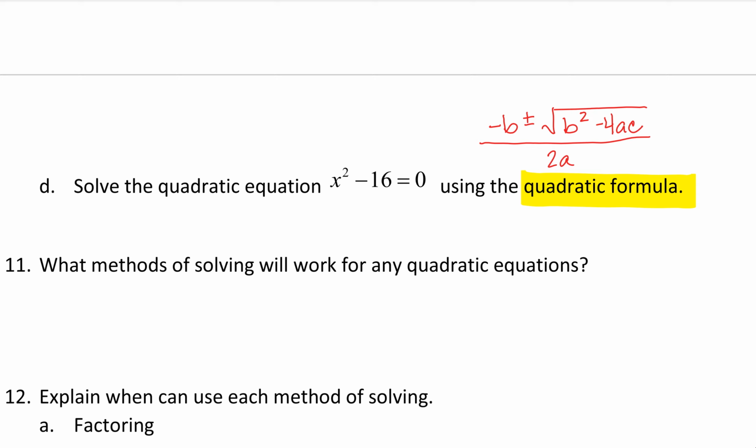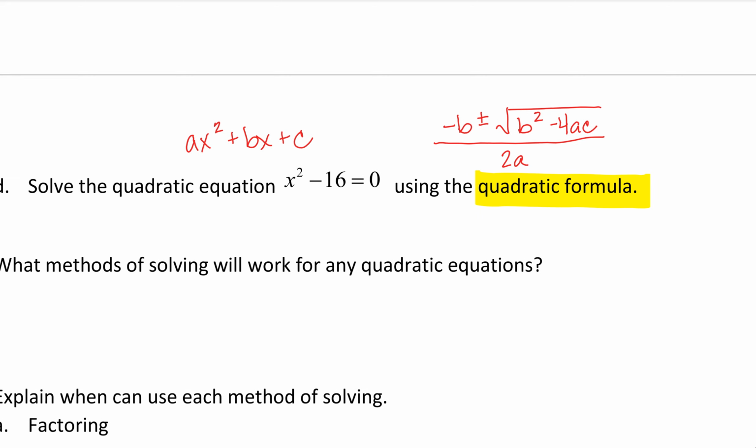You also need to remember that our quadratic equation is set up as ax squared plus bx plus c. Okay? This will help us to remember that our a in this equation is a 1. Right? Our lead number in the very front is a 1.